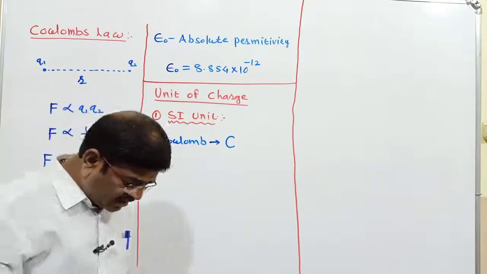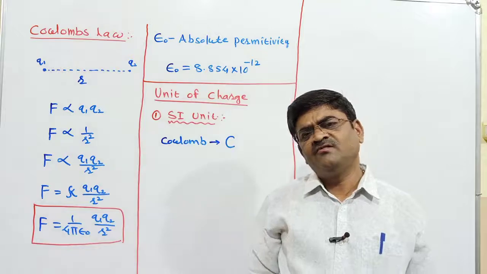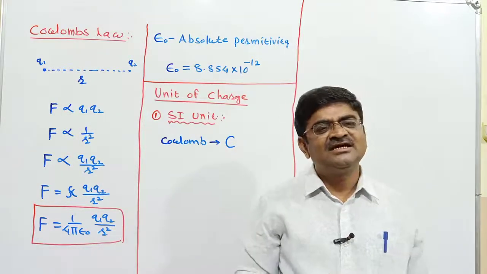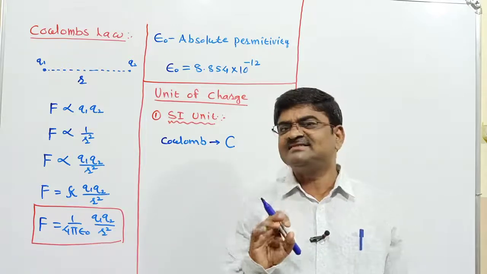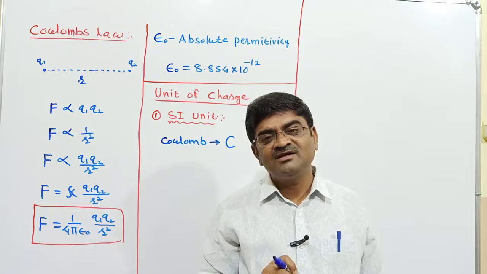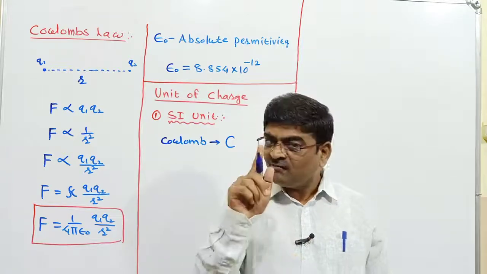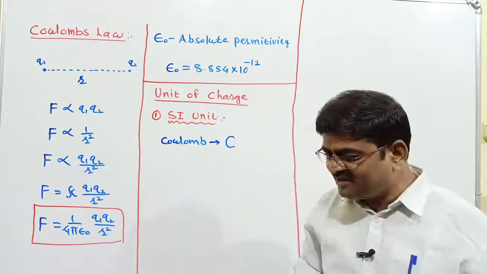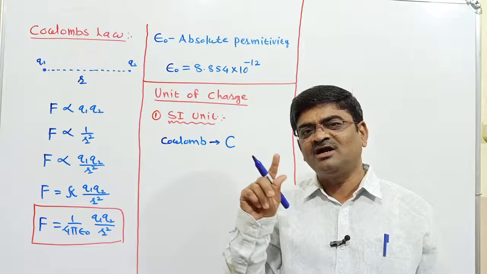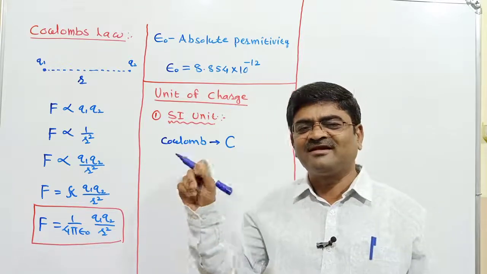But when it comes to any new unit, we need to define that unit. As such, in the SI system, you have 7 fundamental units and 2 supplementary. Among those 7 fundamental units, you have the unit called ampere, the unit of electric current.